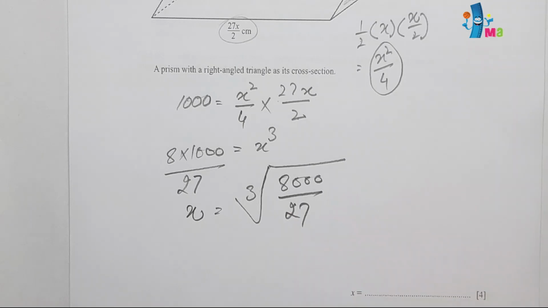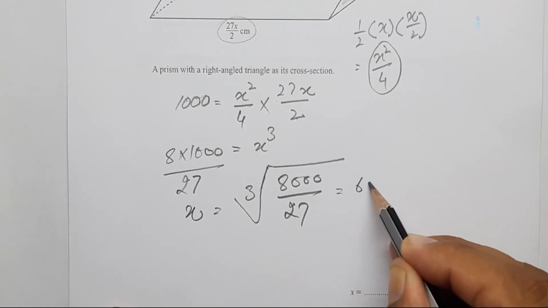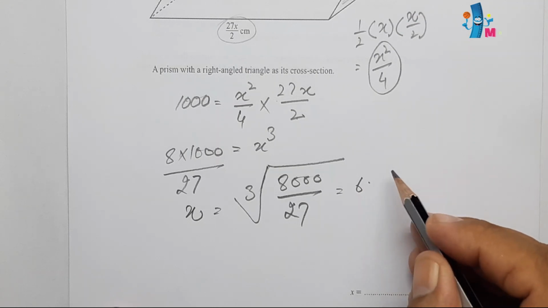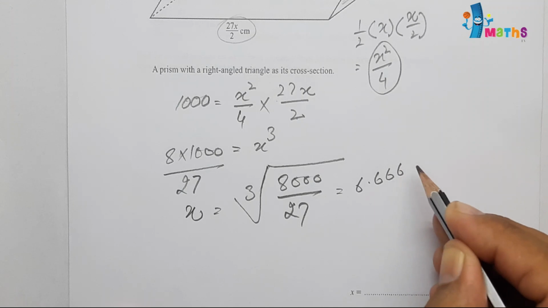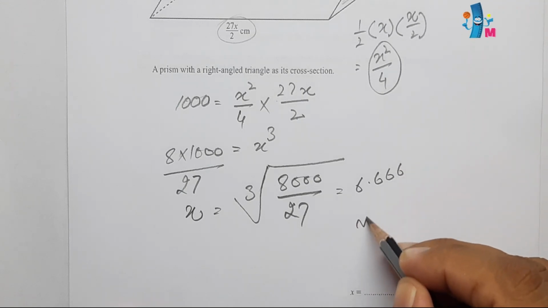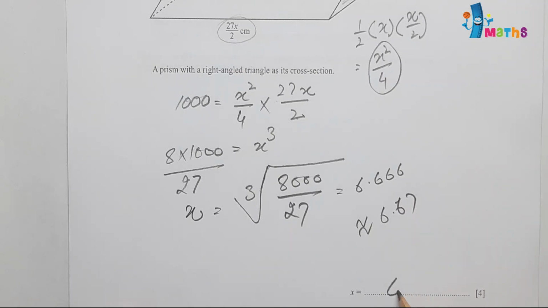So 8000 over 27 cube root will be equal to 6.67. Basically this is 6.66 recurring, so we can write this as 6.67 up to 3 significant figures. So this will be our answer in centimeters.